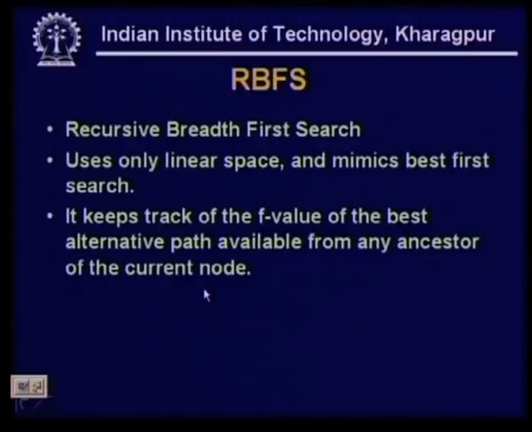RBFS is a linear memory algorithm, it does not keep track of all the nodes, and for those nodes that it has expanded and chooses to forget, the algorithm backs up at a node the F value of the best successor of that node.